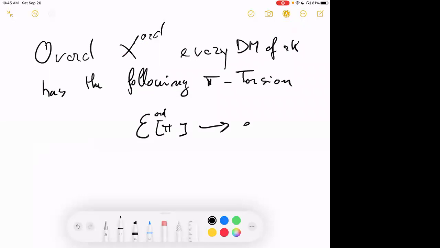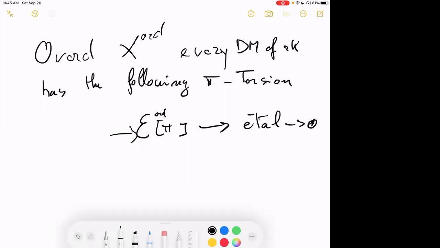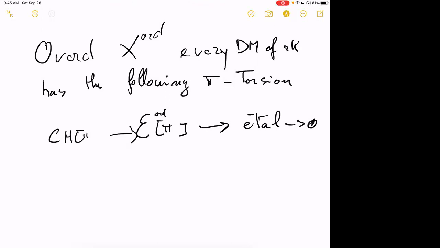Well, it is the extension of an étale part, and the connected part is nothing else than the p-torsion of the Carlitz module, which you should think of as some sort of analog of G_m.